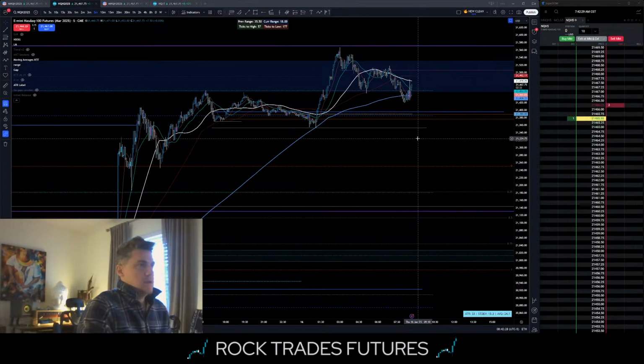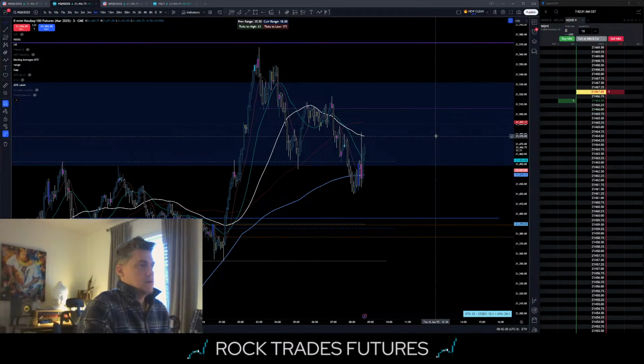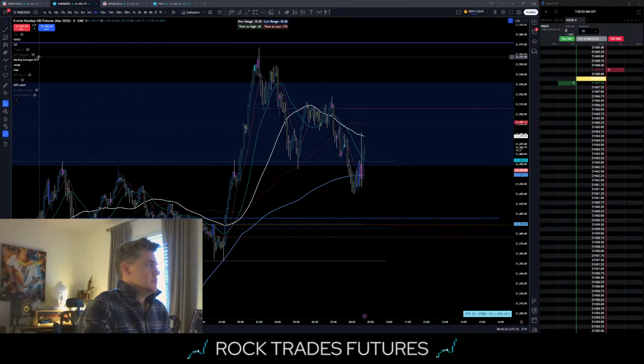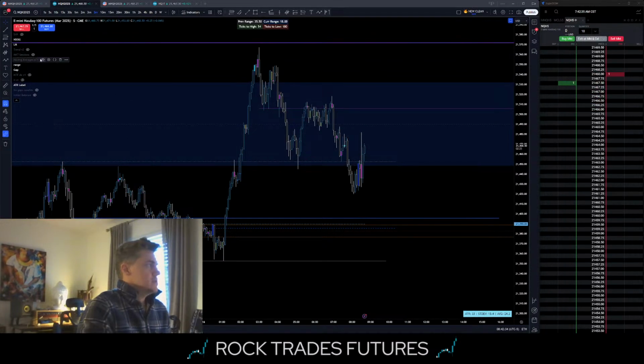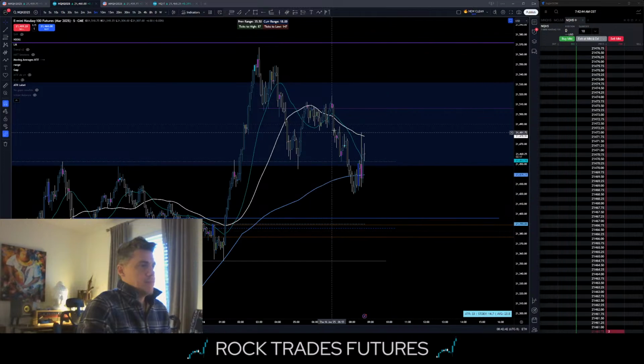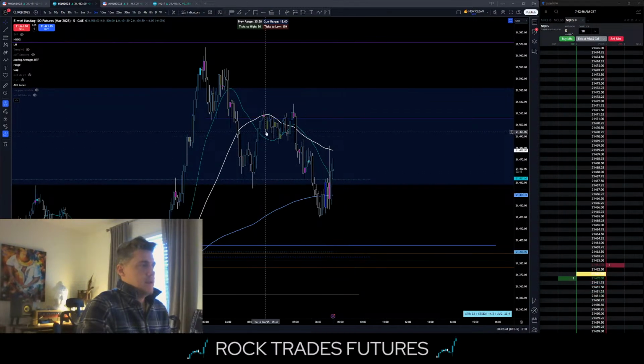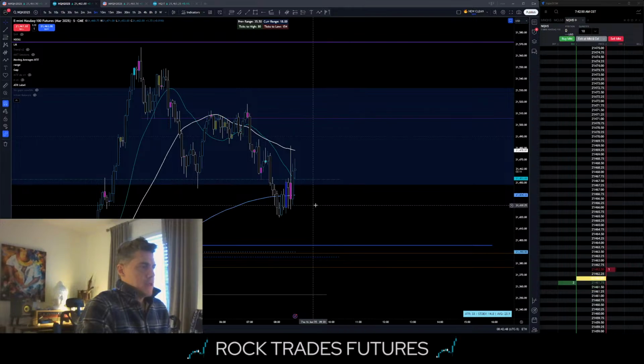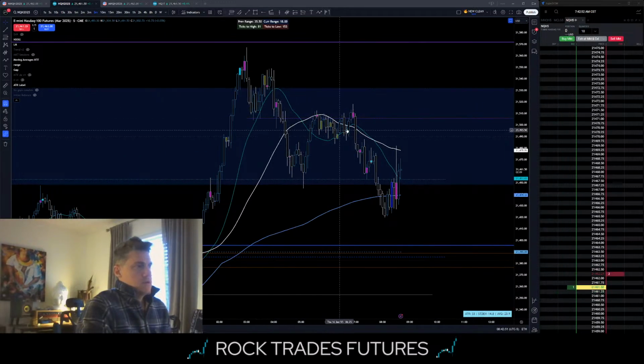All right, and now let's look at the moving averages. It looks like spaghetti. So I like to start without the moving averages based on the 2-minute chart. They're not as powerful as the 5-minute, and then also the 200 based on the 1-minute. 20 period is definitely trending down.